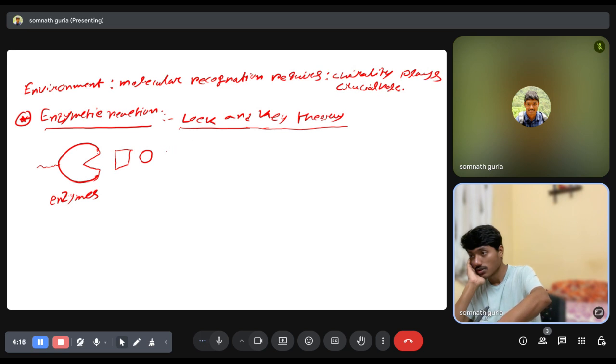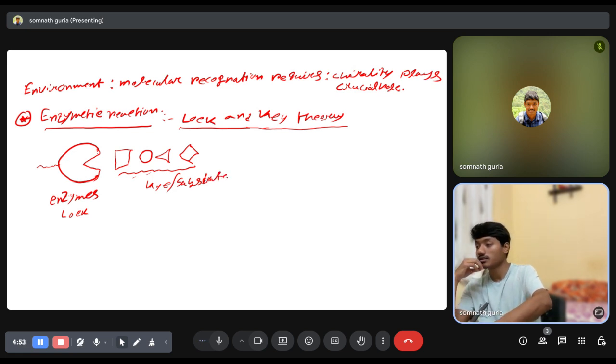All the substrates don't fit with this. This is called the lock, and this is the key. So the enzyme has a specific pocket for a specific substrate.